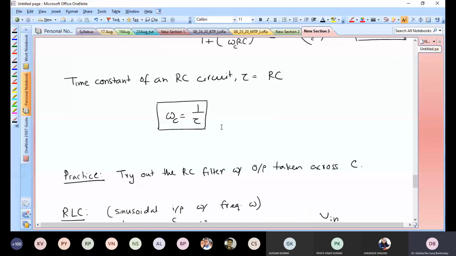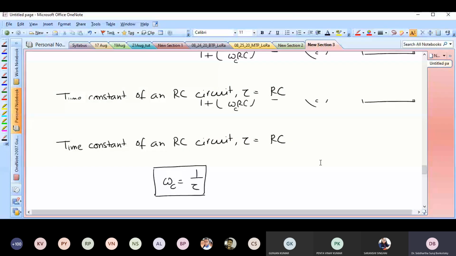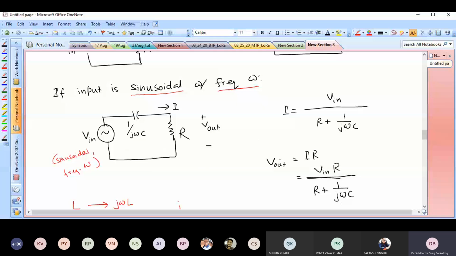So what I suggest as a practice problem is to try out the same RC filter, but with the output taken across C, just like we did for the inductor. Instead of taking the output across R, like here, where we did this analysis assuming I am connecting a voltmeter across the resistance and getting some output, what if I connect the voltmeter across the capacitance?